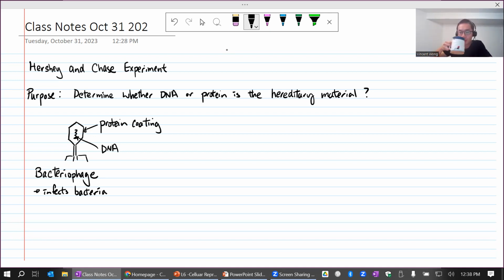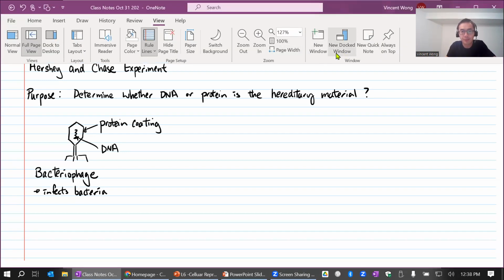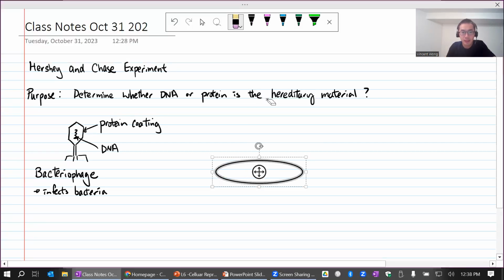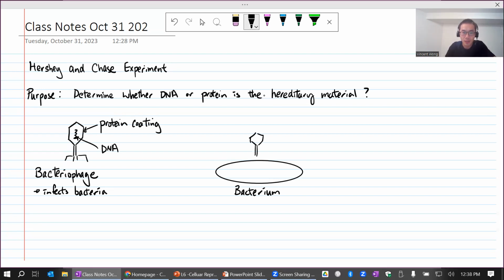Okay. So here is a bacterium. Remember, bacterium is singular, right? And the virus is going to attach to the bacterium, and then something is injected into the bacterium.